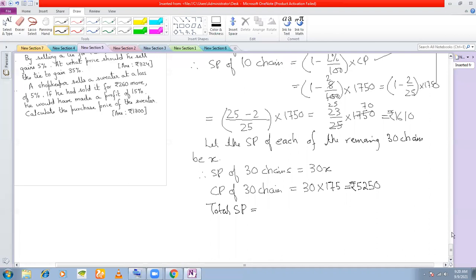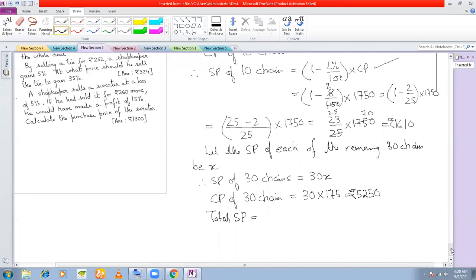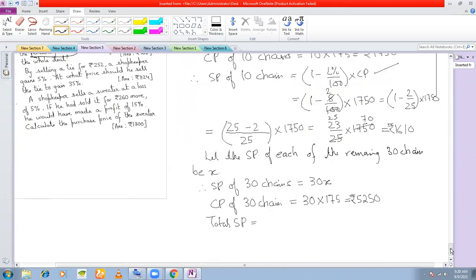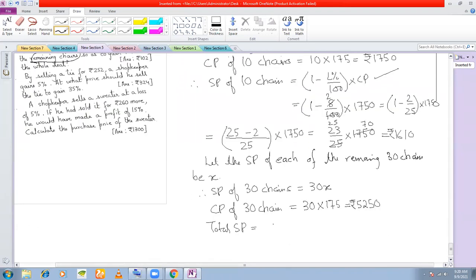Sir, on 40 shares or of 30 shares? 30 shares, because see, the question here is for how much should he sell the remaining shares? So remaining 30 shares are there. So for 30 shares, I've assumed the selling price to be X. Okay, so what is his total selling price? Total selling price is selling price of 30 shares plus selling price of 10 shares, right?